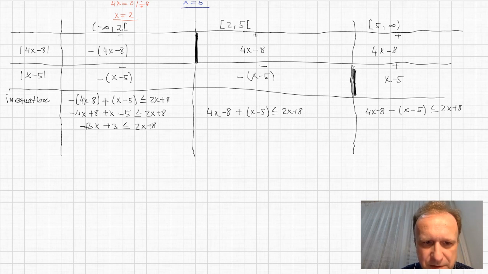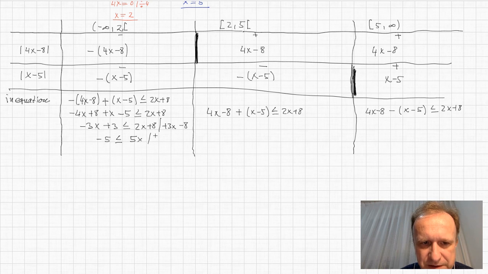Now let me rearrange the terms so that x terms are on one side and number terms on the other side. So I add 3x to both sides and remove 8. So what I get is 3 minus 8 is negative 5 on the left hand side, is less than or equal to 2x plus 3x, which is 5x.